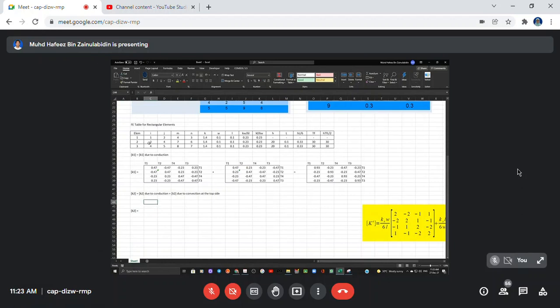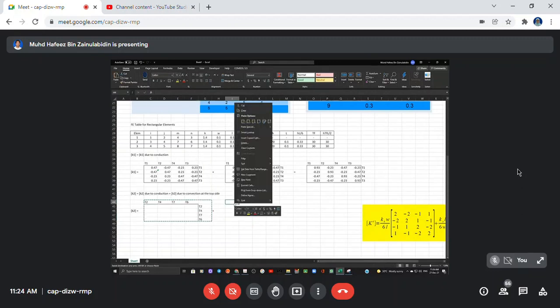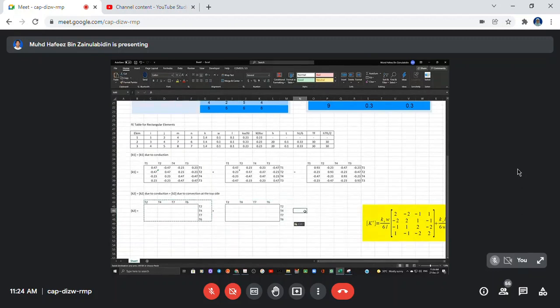K2: T2, T4, T7 and T6. Okay, add, equals to.